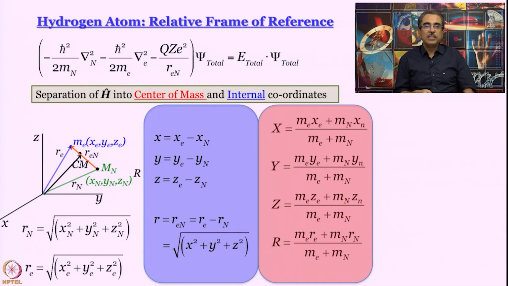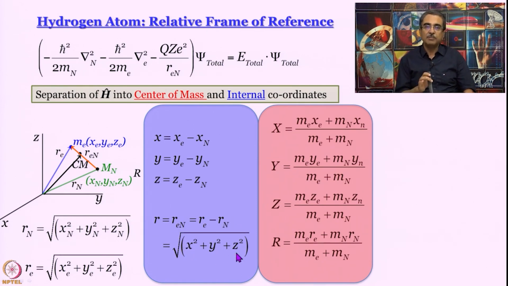Now, the position vectors are written as Re and Rn. Now see, if I try to draw this vector Ren, how will I get it? So, these are 2 vectors, right, Re and Rn. If I subtract Rn from Re, then I get R, which is Ren, and that is given by root over x square plus y square plus z square.